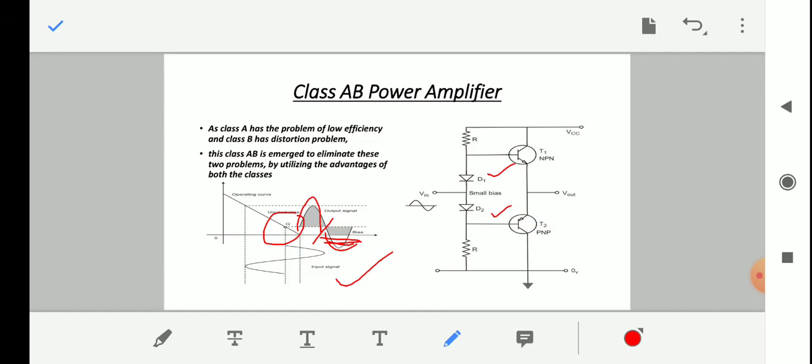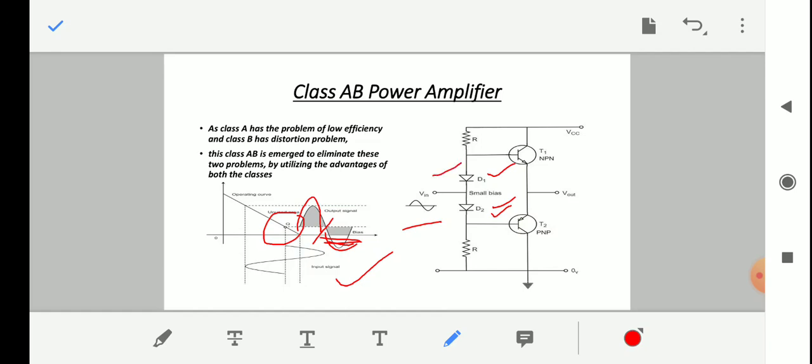Let us understand the operation of the class AB amplifier by applying the input signal Vin, a sinusoidal input signal, at this terminal. When input is applied at this terminal, and if the Vin is greater than 0.7 volt, D2 will conduct and D1 will be in off state.